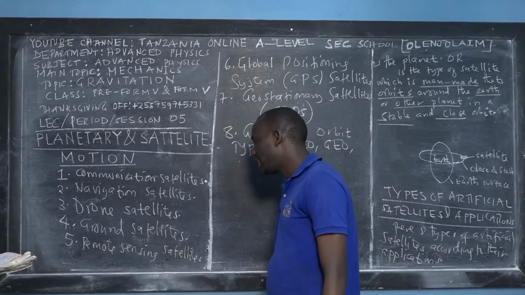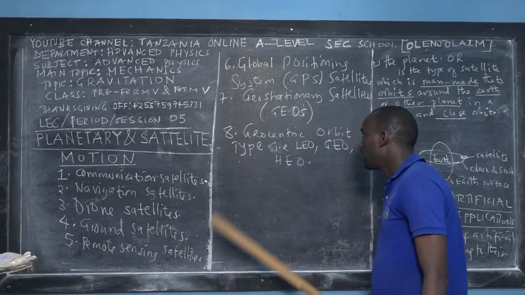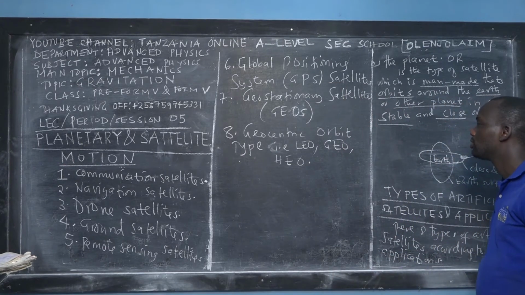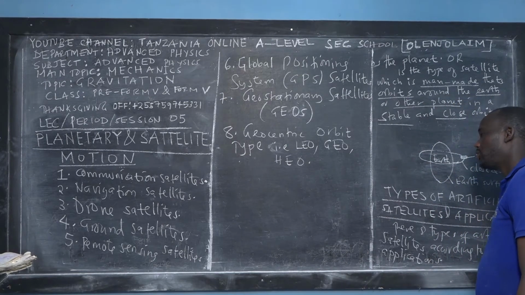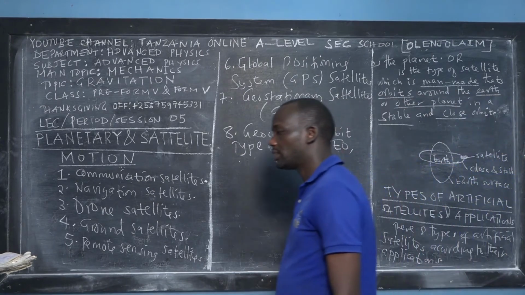Also, you have ground satellites, remote sensing satellites, global positioning system satellites, geostationary satellites, and geocentric orbit type satellites, right? So those are the 8 types of satellites.